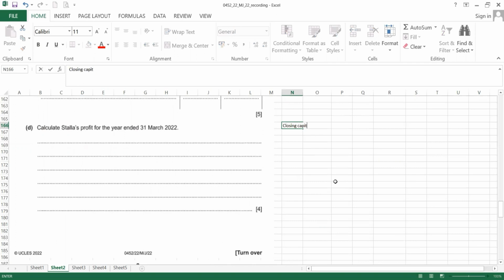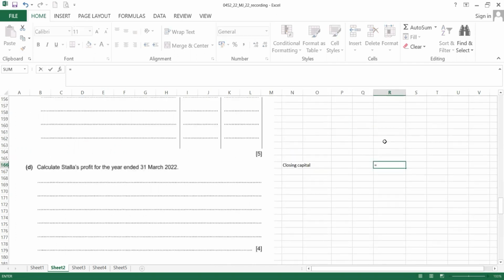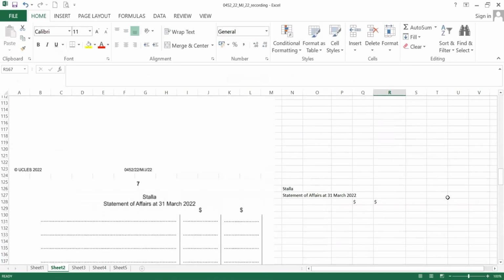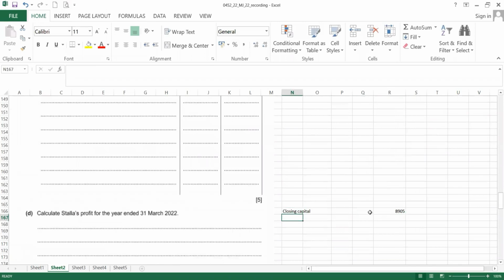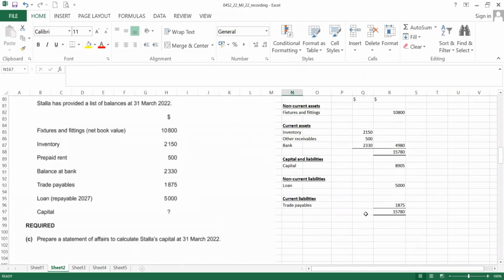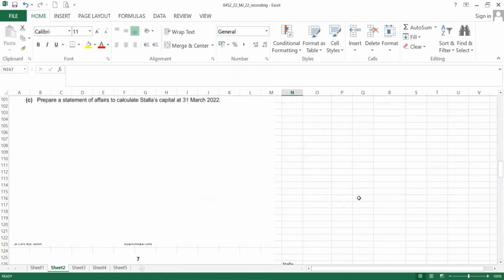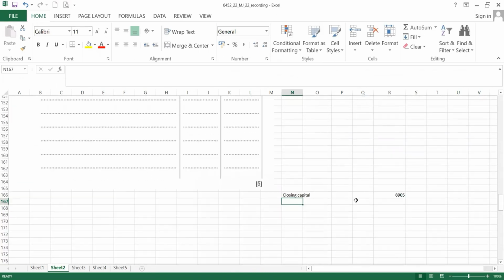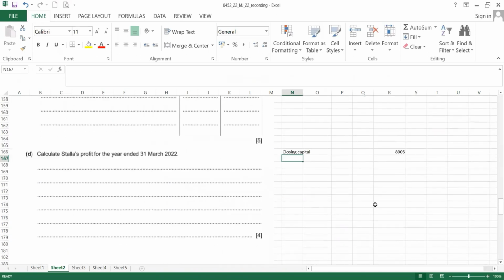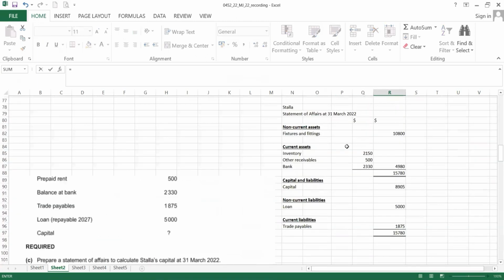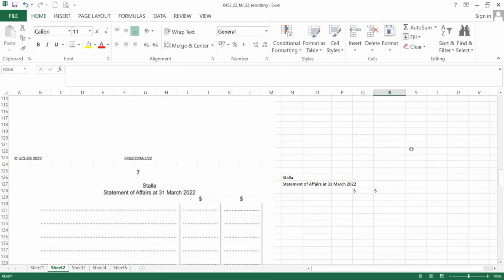Closing capital. Okay, you can use the T account or calculation method. Here is the closing capital, and we have the drawing. So plus the drawing, which is 10,500.